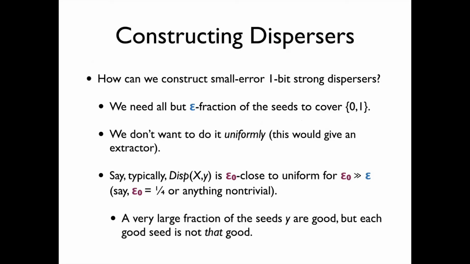Say, typically, the situation we want is that for a typical seed y, this Ext(X,y) is epsilon 0 close to uniform, for epsilon 0 which is much greater than epsilon. For example, take epsilon 0 to be a quarter or anything non-trivial. Meaning that a very large fraction of the seeds y are good, 1 minus epsilon of them, but each good seed is not that good. This is represented by this epsilon 0.